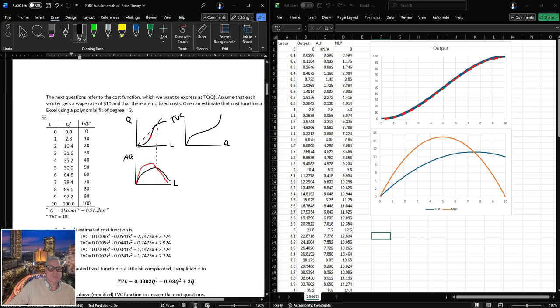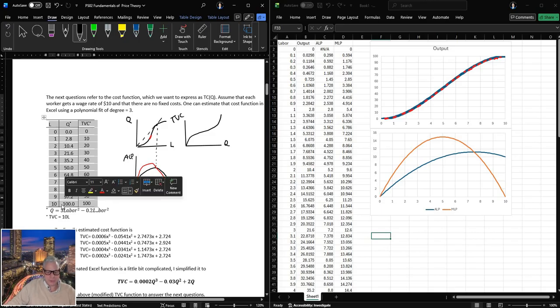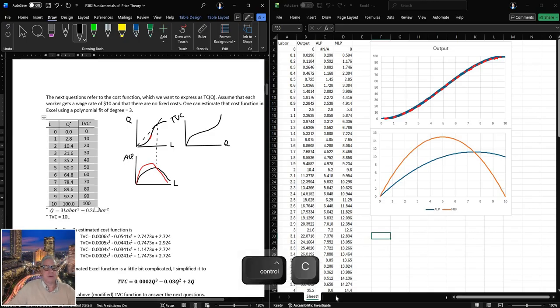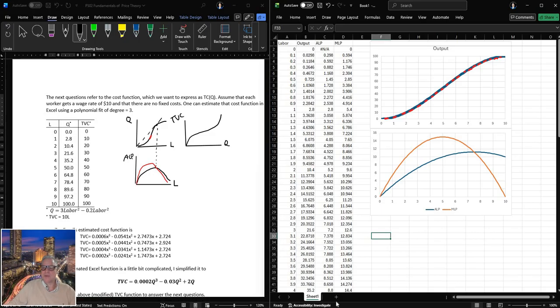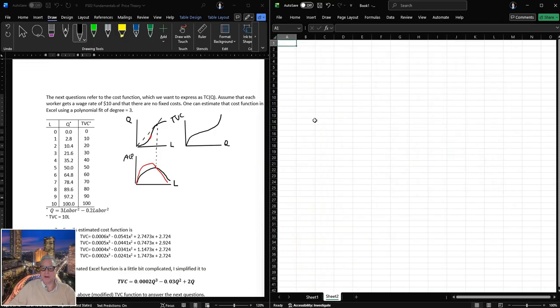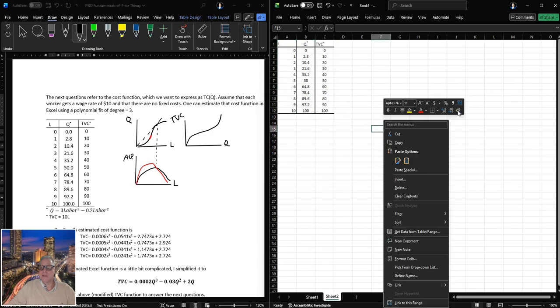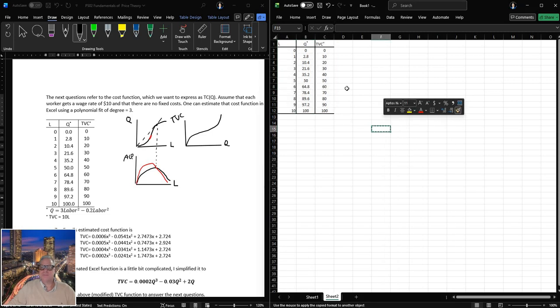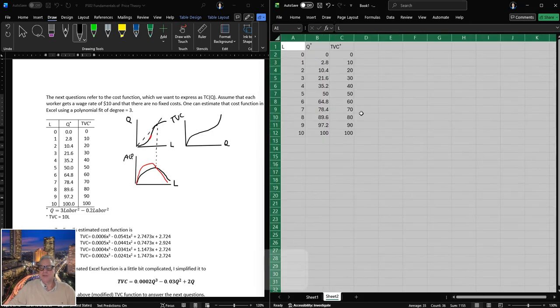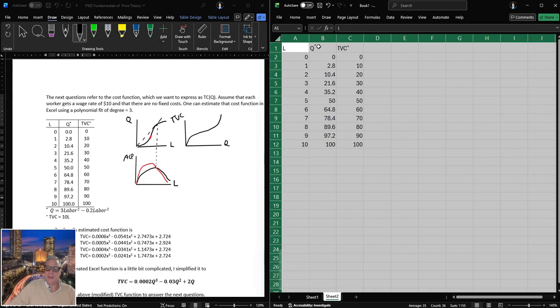And then the total variable cost is simply the wage rate, and every worker gets $10 or rupiah or euros. Okay, let's quickly copy that into another sheet, and then let's work there. Let's get rid of the formatting. Let's make it maybe a little bit bigger.